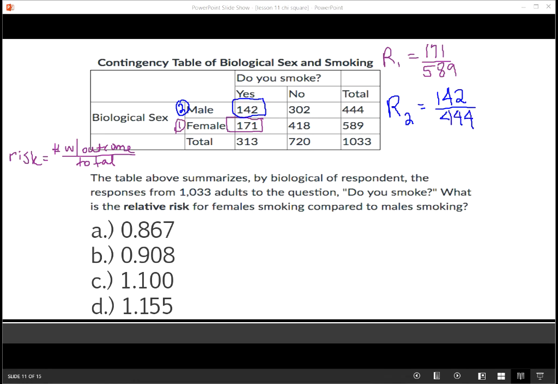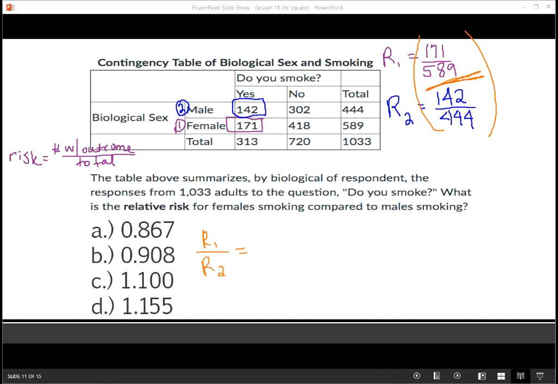And in reality, what we're really doing here is just a big division between these two. So technically, let me solve out the specific numbers. What we want to do is risk 1 divided by risk 2 to get our answer.